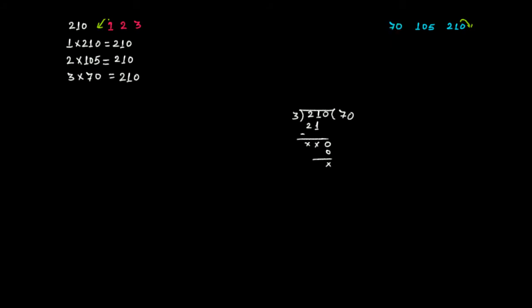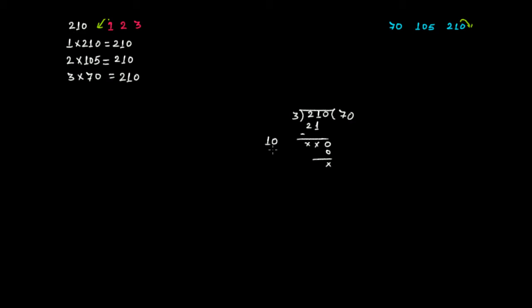Now, what about 4? Is this number divisible by 4? To check whether any number is divisible by 4 or not, you check the last 2 digits, the number formed by the tens and the units place. In this case you have 10. If this number is divisible by 4, then the whole number will be divisible by 4.